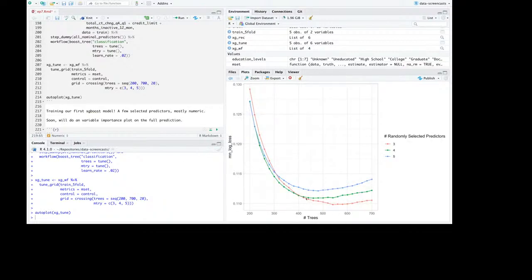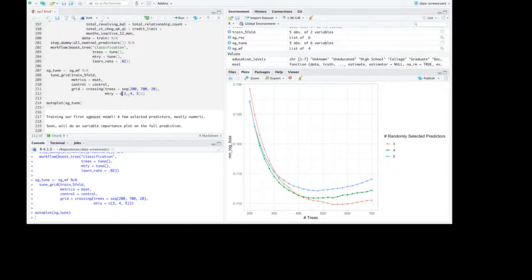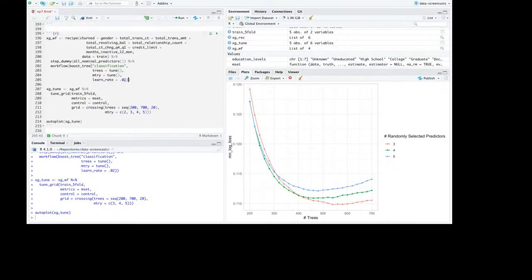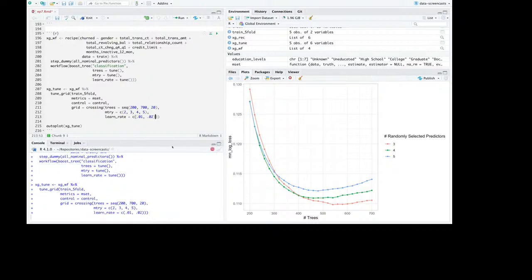Yeah, so look at that. It's like 3 is kind of the best, and maybe others. And that makes me want to also try out 2, and also try different learn rates. Yeah, just worth experimenting a little bit with this.